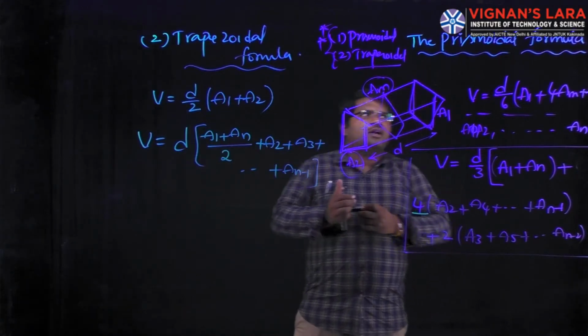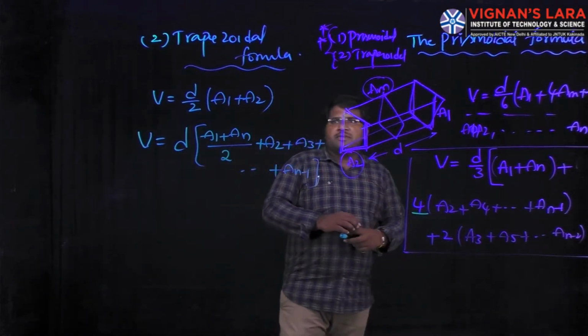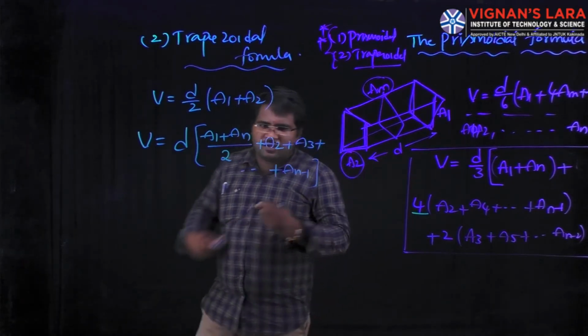These are the two formulas, prismoidal and trapezoidal, to calculate the volume.